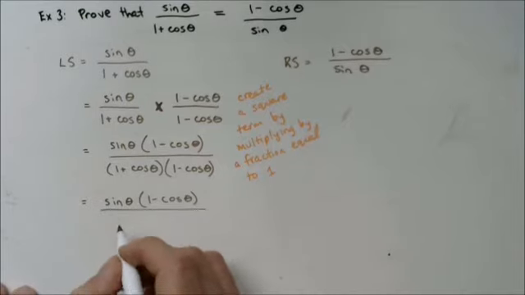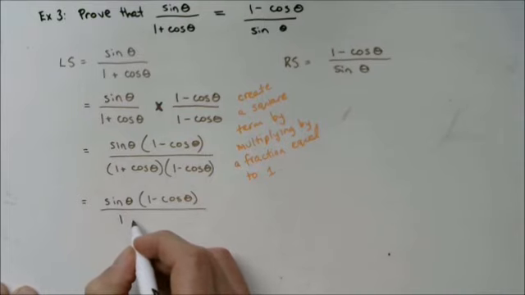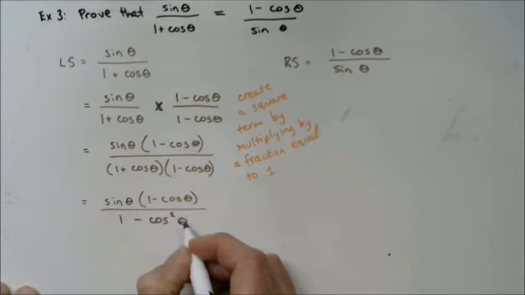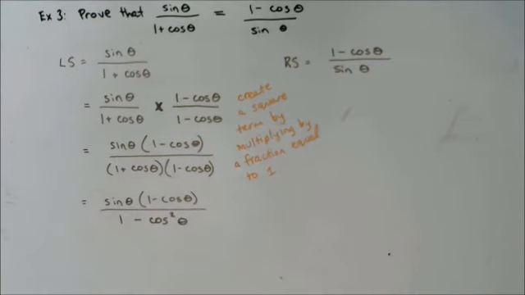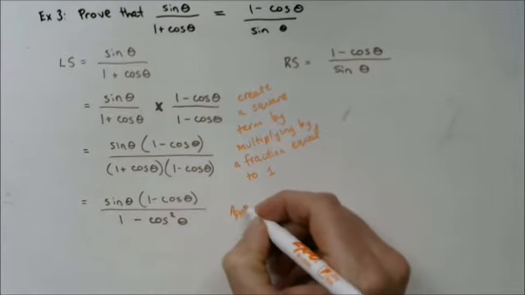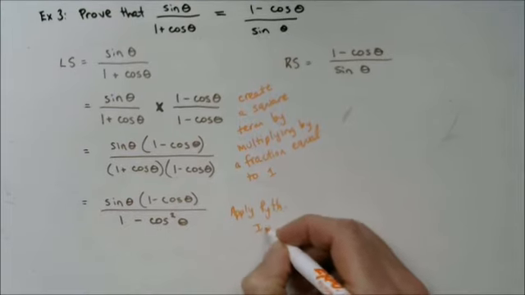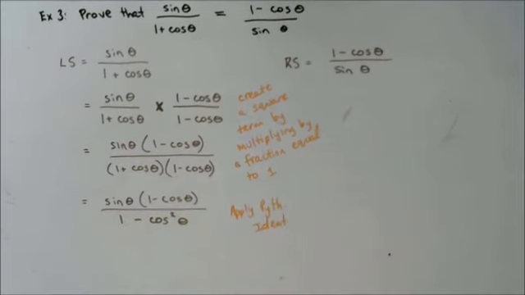We're going to leave our numerator the same. Our denominator, using the difference of squares, ends up as 1 minus the square of cosine of theta. And now we can apply the Pythagorean identity. The numerator stays the same.